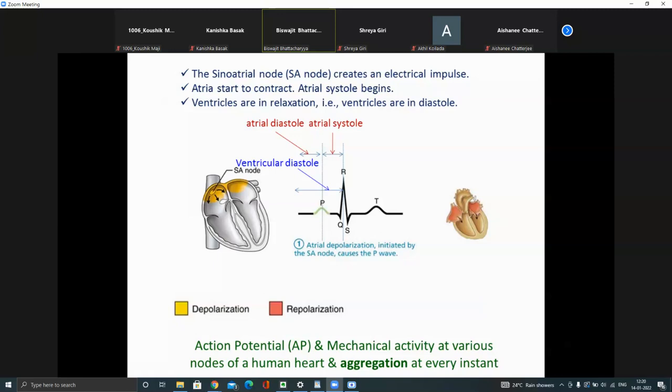So this part in the graph is actually representing that particular phenomenon. And the blood comes from atrium to ventricles.